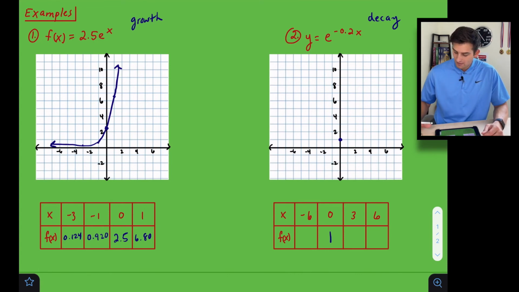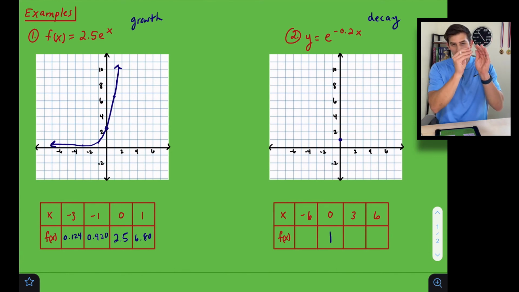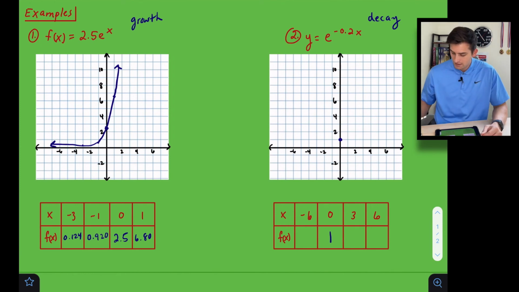Now we're going to take our calculator and type in e to the negative 0.2, and then we're going to multiply that by negative 6. So basically in my calculator I am doing e to the negative 0.2, and then next to the exponent, the small number at the top, I'm putting negative 6 in parentheses, and I hit enter, and I get 3.32.